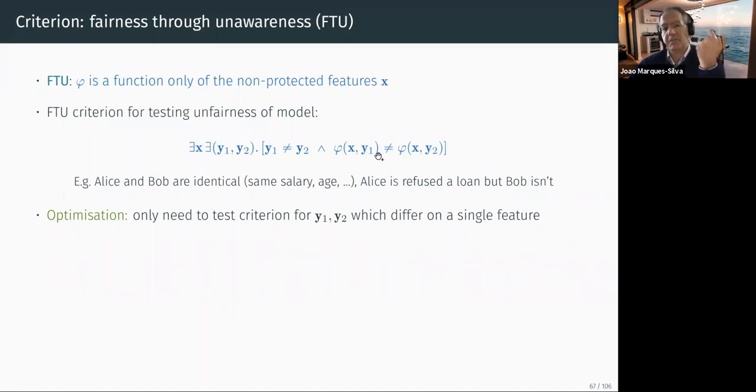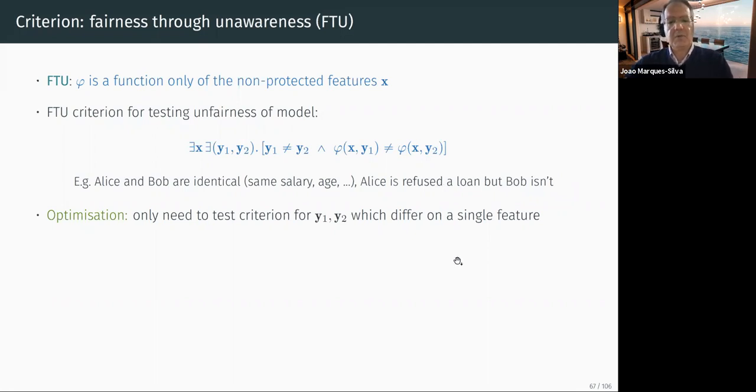So what I'm saying is that if I fix the non-protected features, the function behaves differently given the protected features. So a concrete example, just to make sure this is understandable. Alice and Bob, for example, everything is identical about them, and Alice is refused the loan, but Bob is not. So again, here the protected feature would be gender, and clearly, if everything else is equal, the decision was made on a protected feature, meaning gender.